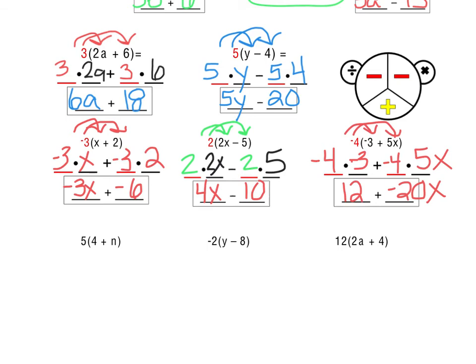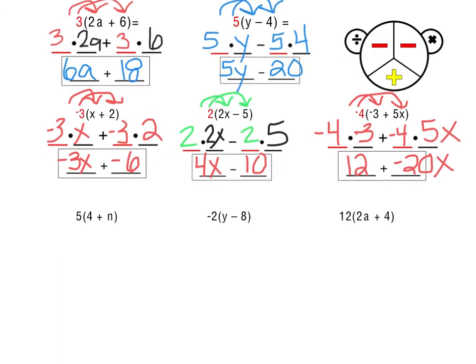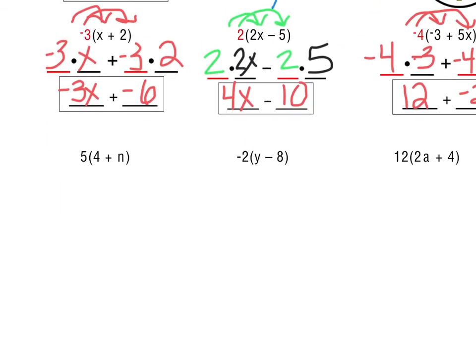All right, we're going to do a few more without the little graphic, just to show you what to do. Remember, we're going to take our 5 and we're going to multiply it with both the numbers on the inside. So we're going to write 5 times 4 first. Then if we see a plus sign, we're going to copy our plus sign.